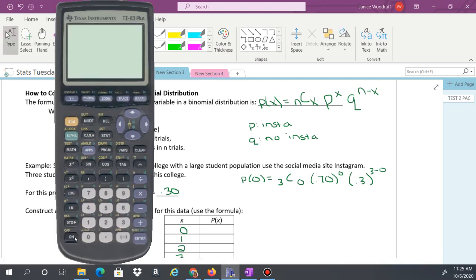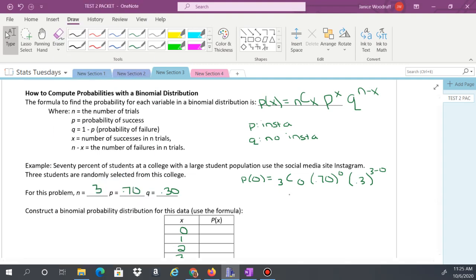So a lot of calculator work here. We're going to do 3C0. Again, that's math, so you would go 3, then math, over to PRB, third one down. So 3C0 is 1, so this first part here is 1. 0.7 to the 0 power is 1. Anything to the 0 power is 1.